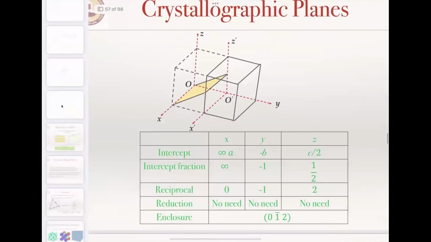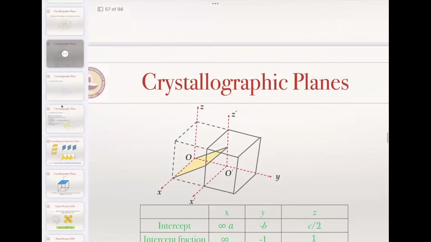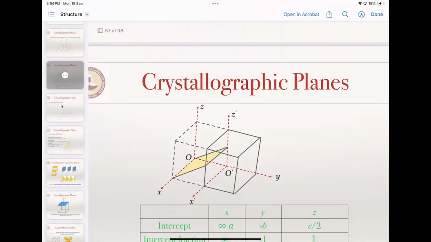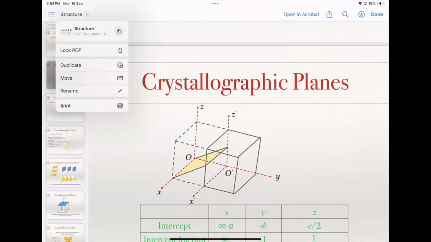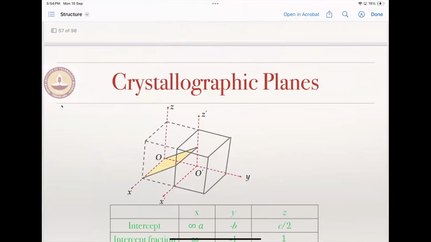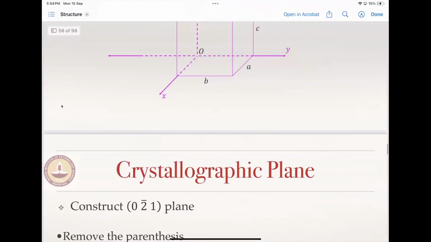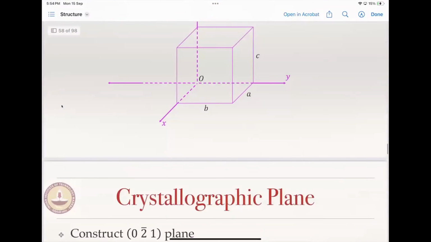So this plane we have done. 0, 2 bar, 1 you have constructed.